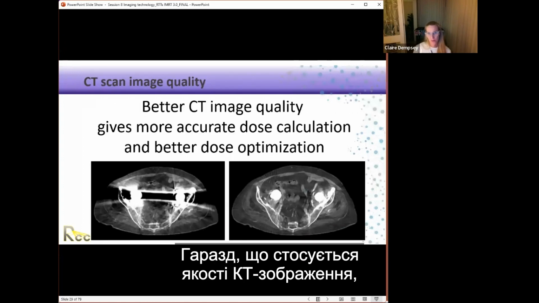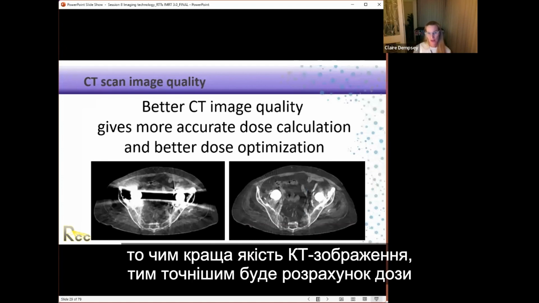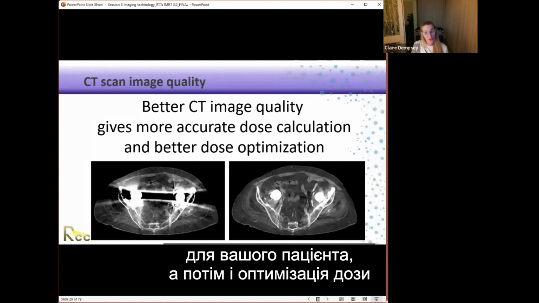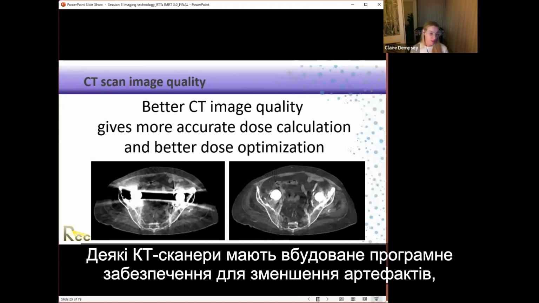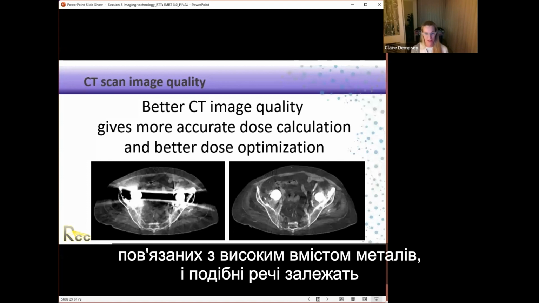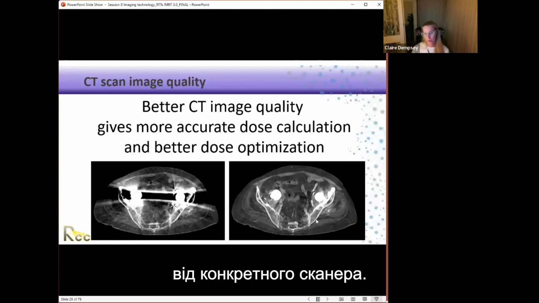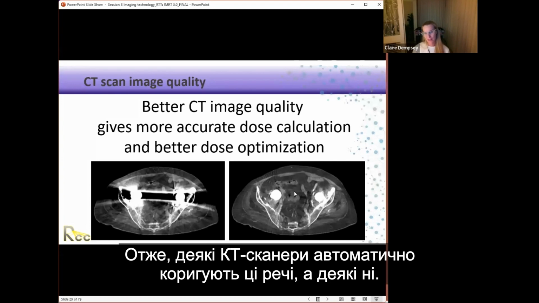In terms of CT image quality, the better the CT image quality is, the more accurate your dose calculation will be for your patient, and the better your dose optimization is going to be. Some CT scanners have inbuilt metal artifact reduction software and things like that. It depends on your individual scanner. Some CT scanners will automatically correct for these things, and some won't.